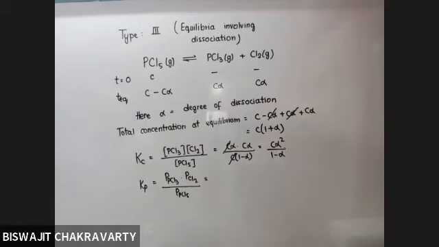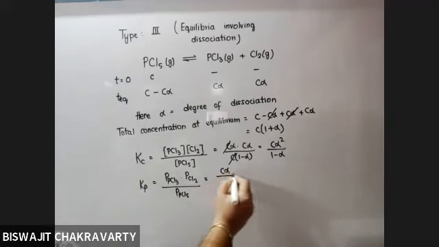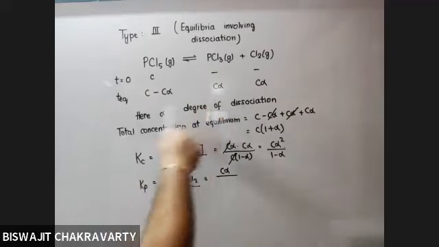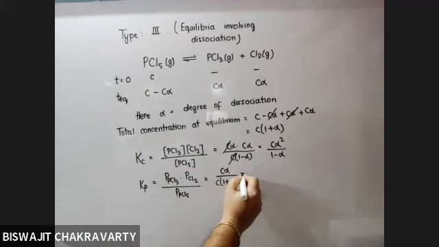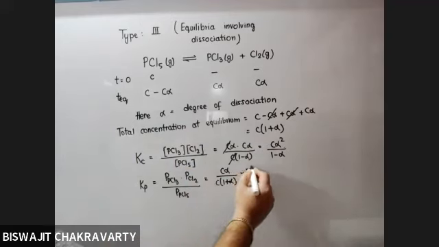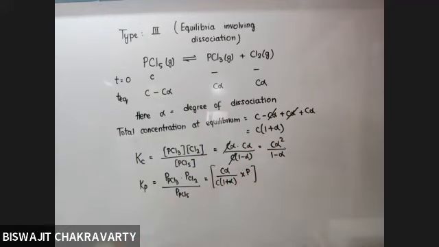Mole fraction. Here we take the concentration fraction, which is C alpha divided by the total, C into 1 plus alpha, again into total pressure, which we have taken as P. This is the partial pressure of PCl3 alone.